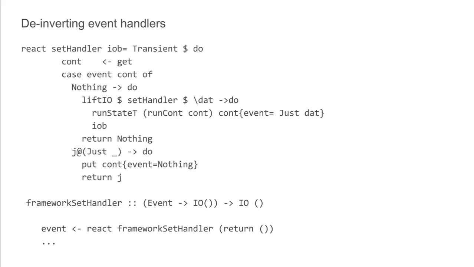And the trick is very close to the one used in wait event. Imagine that we have this handler that a framework gave to us, and the set handler is a program that gets our event handler and returns IO normally.